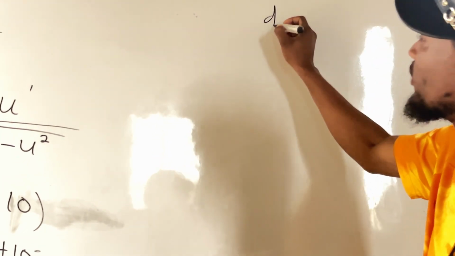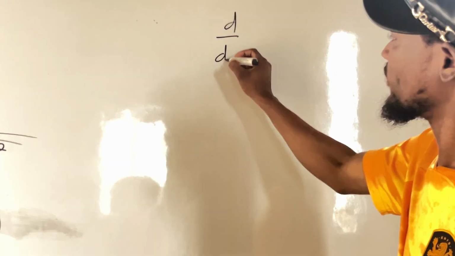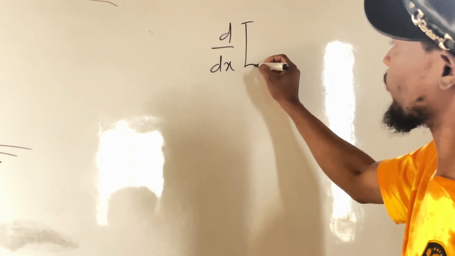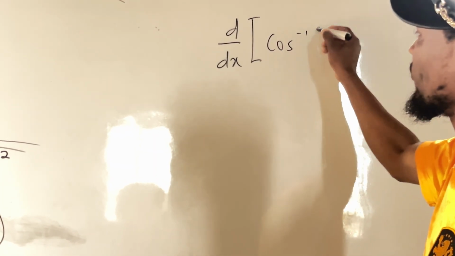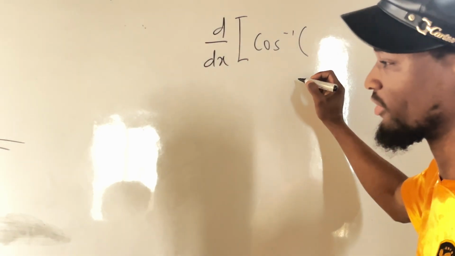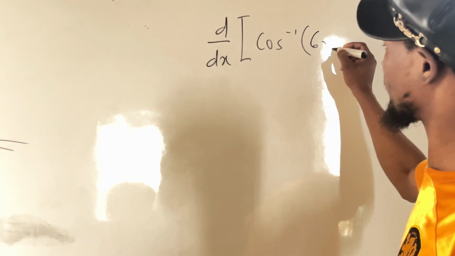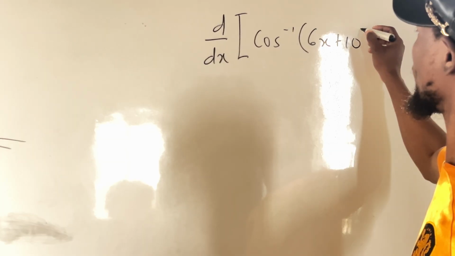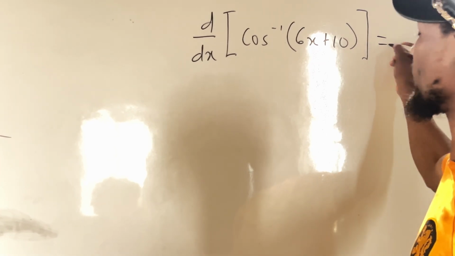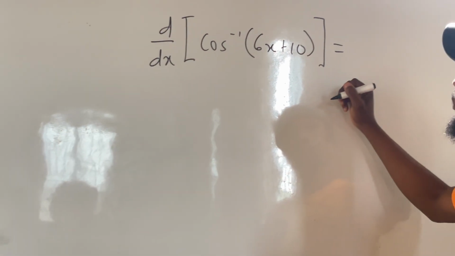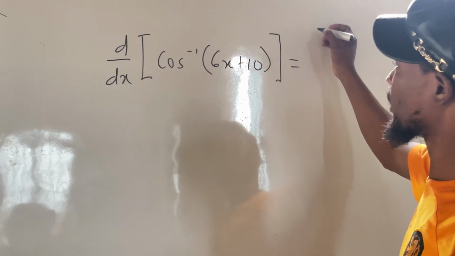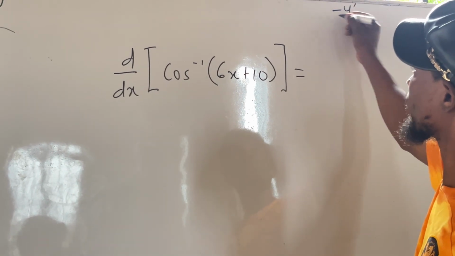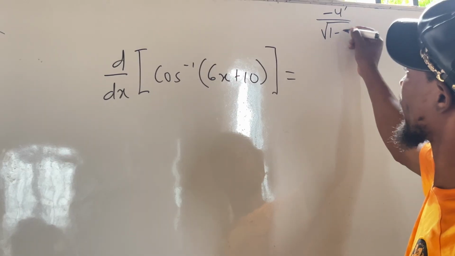We have d over dx of cos inverse of the function given, which is 6x plus 10, is equal to, remember, we said we have negative u prime over square root of 1 minus u squared.